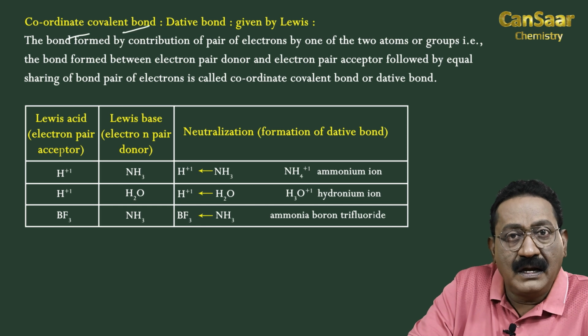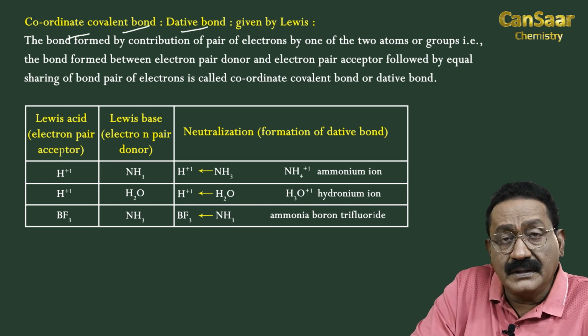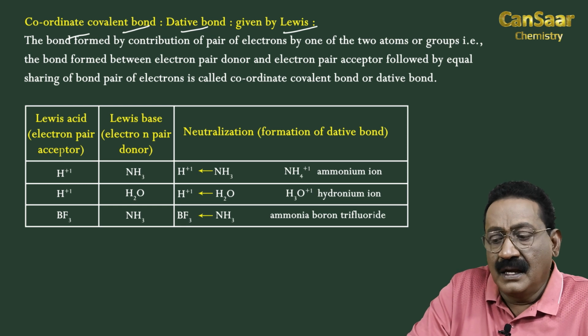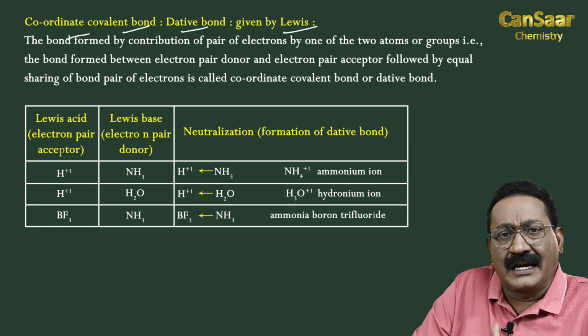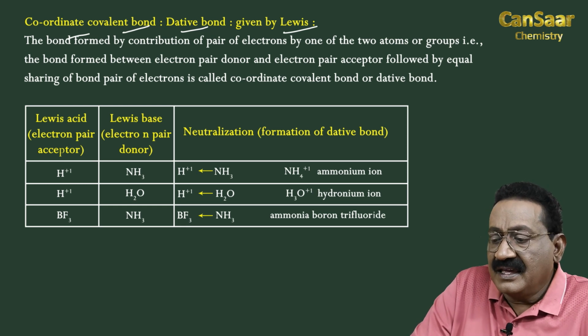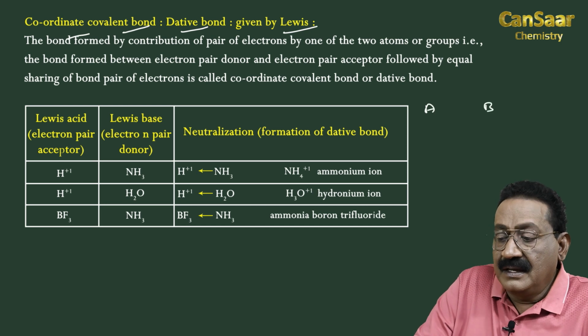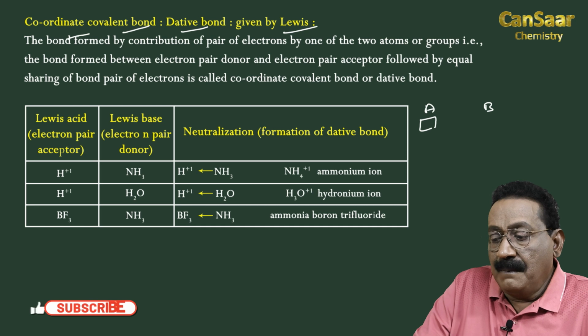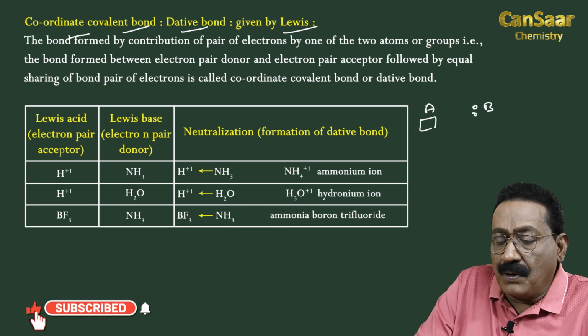Coordinate covalent bond, or so-called dative bond, given by Lewis. Suppose we have two atoms or groups, say A and B. A has a vacant orbital. B has a non-bonding pair of electrons, the so-called lone pair.